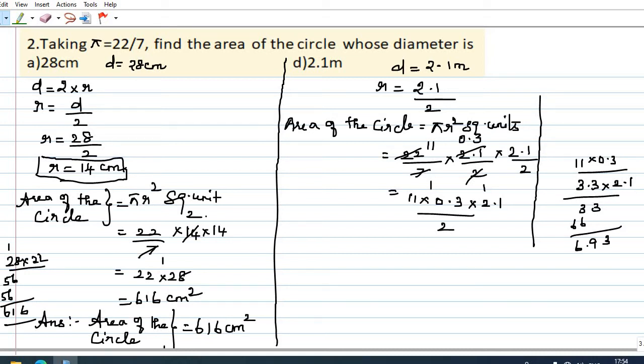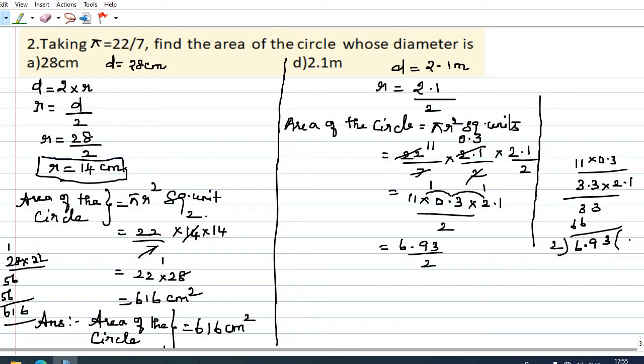So two digits after, you have to keep the decimal. Now come here: 6.93 divided by 2. After multiplying, my answer is 6.93. So this I am going to divide with 2.